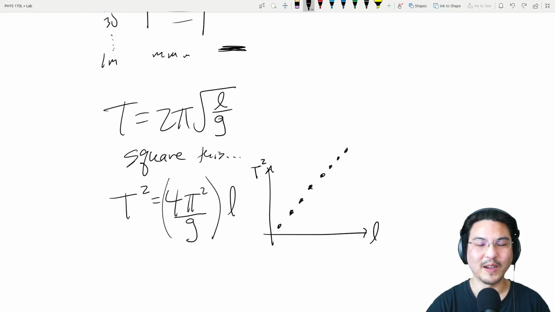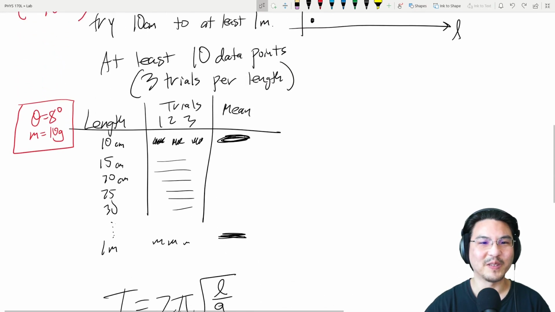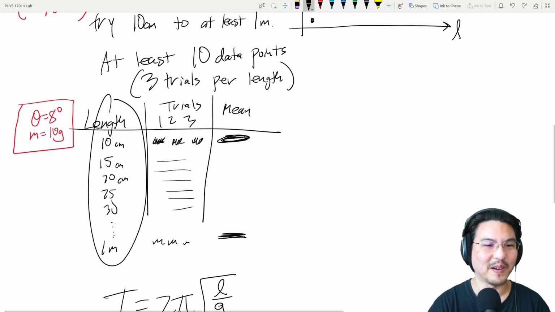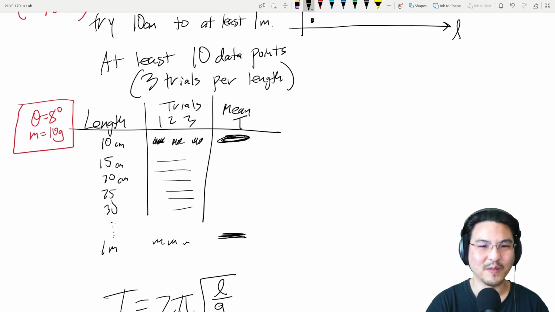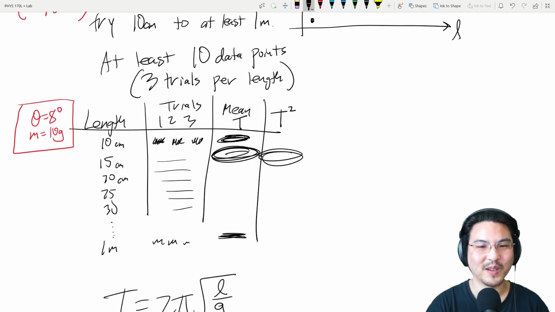Okay, so how do you graph this? If you look at your data, right, you have length here, and then this is period right here, right? This is the mean for period. So you just make another column, period squared. So take this number and square it. Whatever the number is here, square it and put it here. Whatever this number is here, square it, put it here.